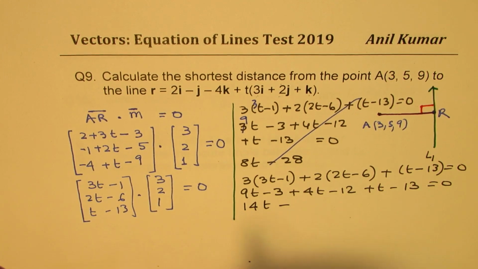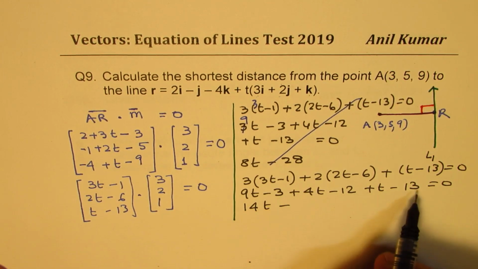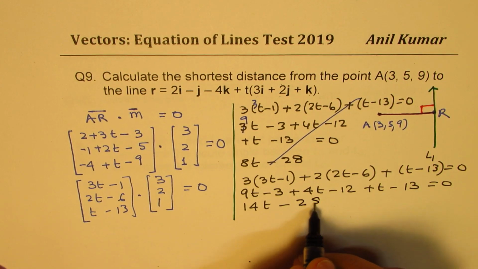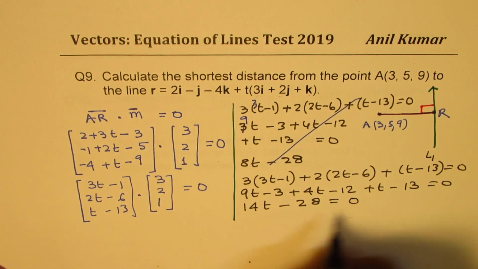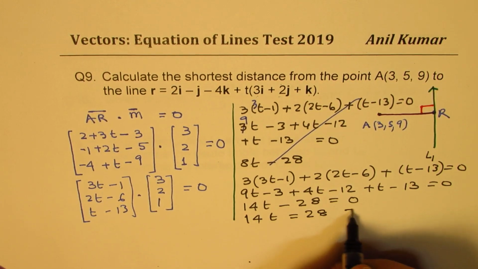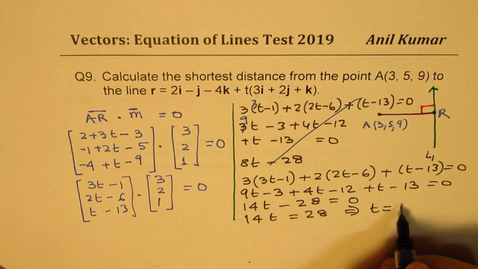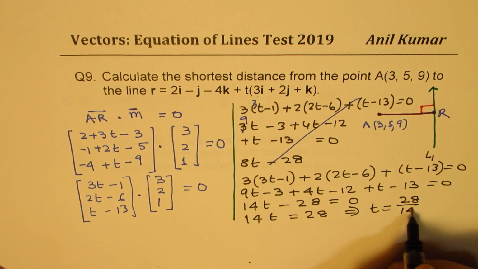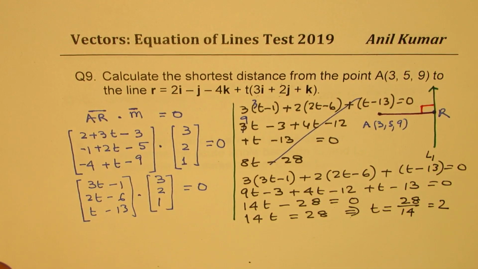So we get 14t minus 15 minus 13, which is minus 28, equals 0. So that gives you 14t equals 28, and the value of t is equal to 28 divided by 14, which is 2. Correct? So we get the value of t as 2.